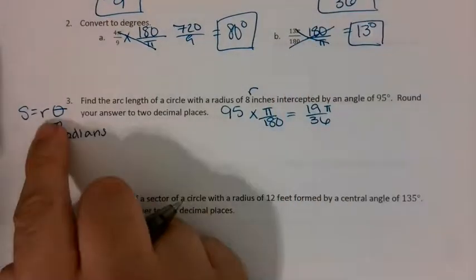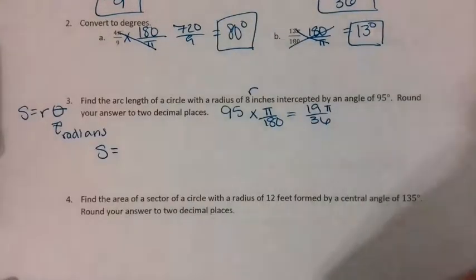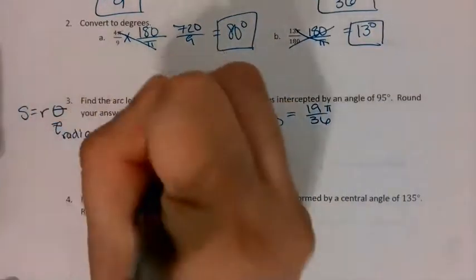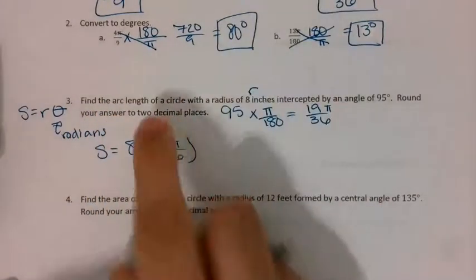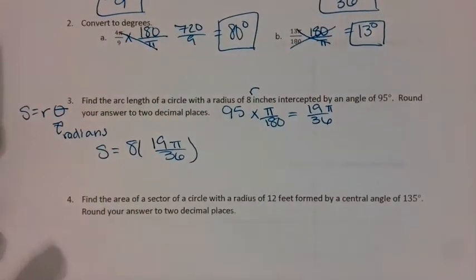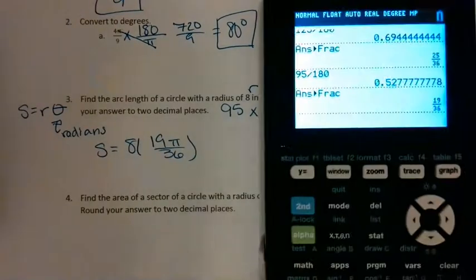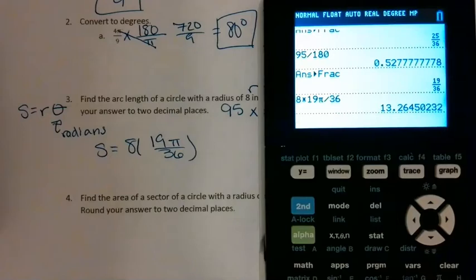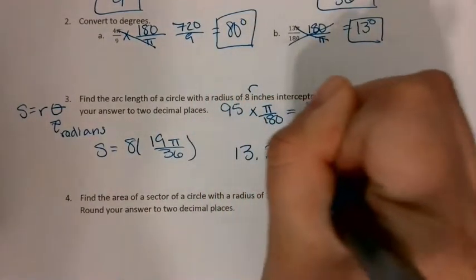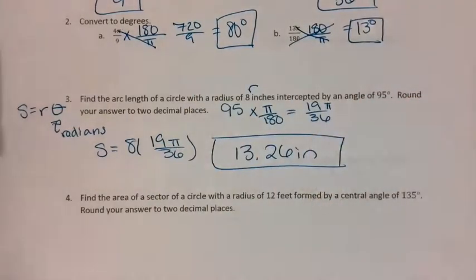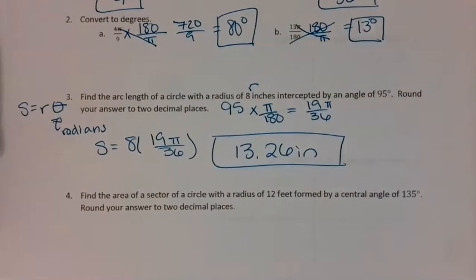Then I plug into the formula, so I have S equals 8 times 19 pi over 36. It wants me to round my answer to 2 decimal places, so I multiply everything together, and I get 13.26 inches. This one gave me a unit of measure, so I want to make sure I include that.